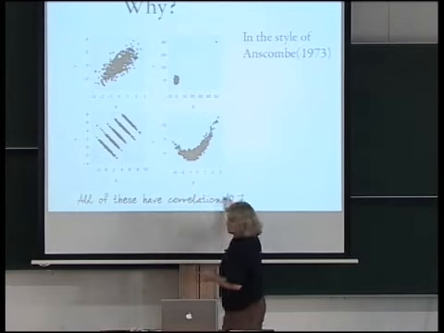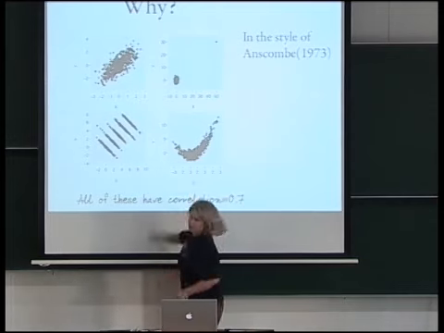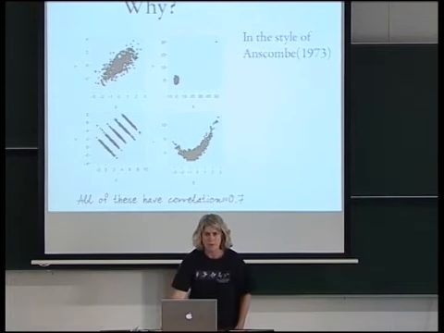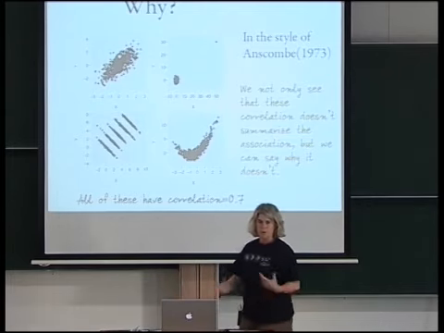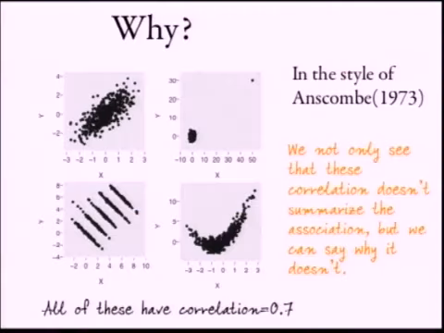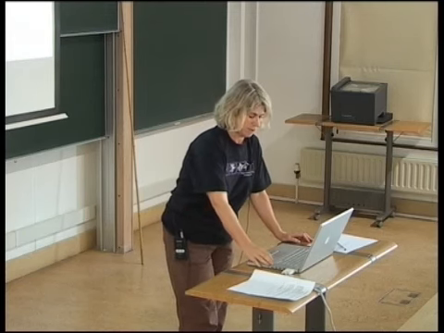But nevertheless, we always report correlation for pairs of variables. But in these other cases, there's a lot more information going on, and that's the reason why you want to make pictures and you want to use pictures in analysis, right? So we can not only say that the correlation doesn't summarize the association here, but we can also say why it doesn't summarize the association.